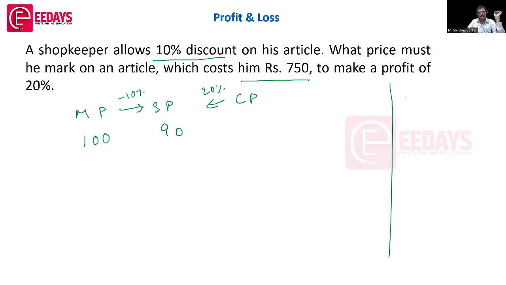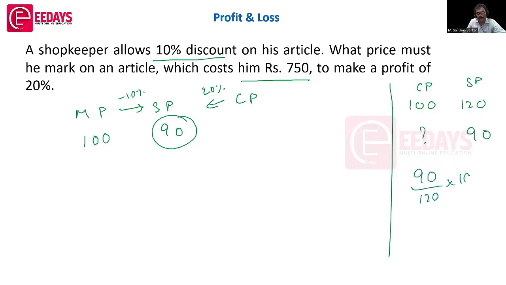Okay. Suppose this is 100, then here our profit is 120, CP and SP. But here what is the selling price? It is 90. So what is the cost price? 90 by 120 into 100. This is 3, this is 4, this is 25, this is 75. So cost price is equal to 75.